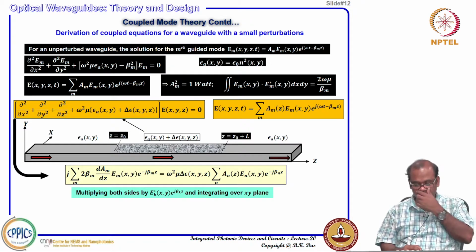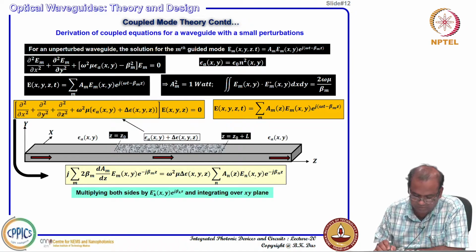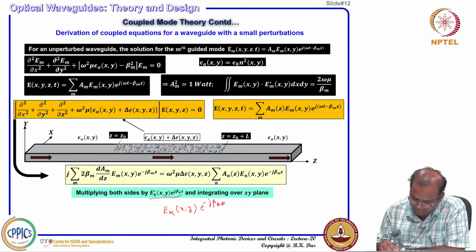Now, what we do here, you see this is the expression we have. What are we trying to do? We multiply by E_k star, basically E_k(x,y) e to the power minus j beta_k z.